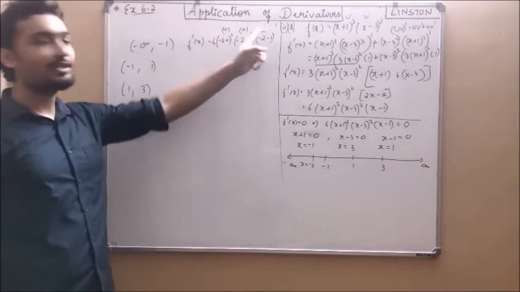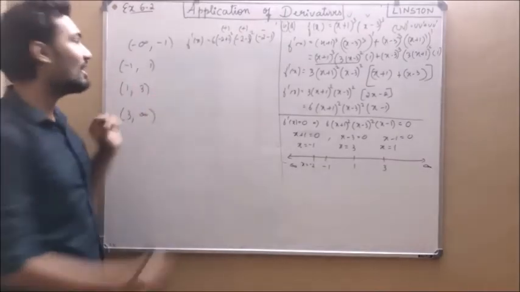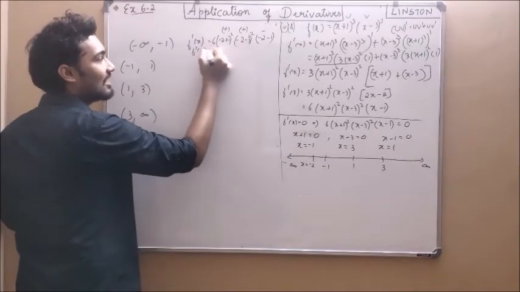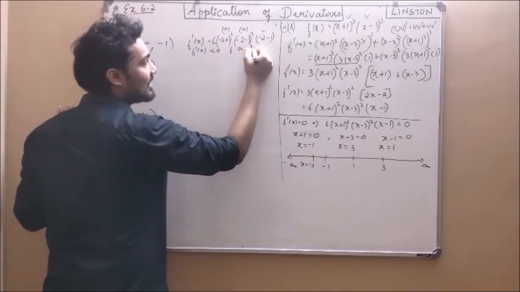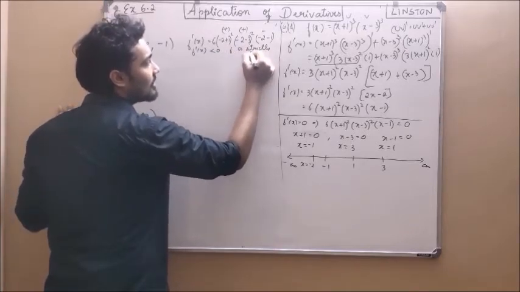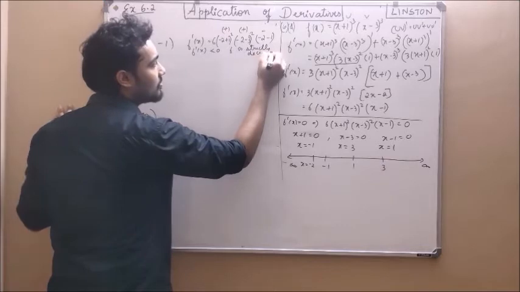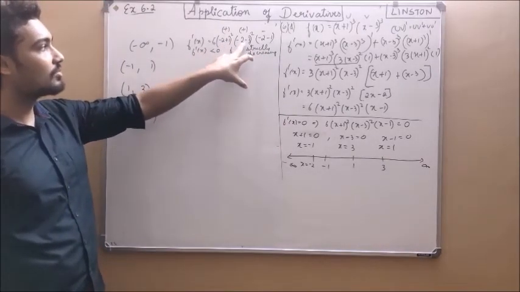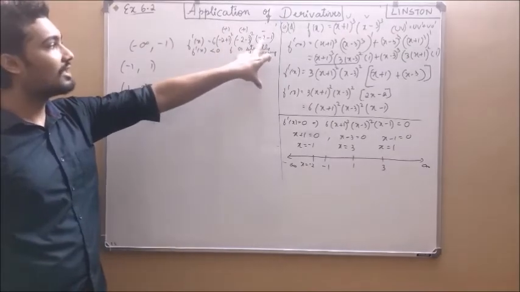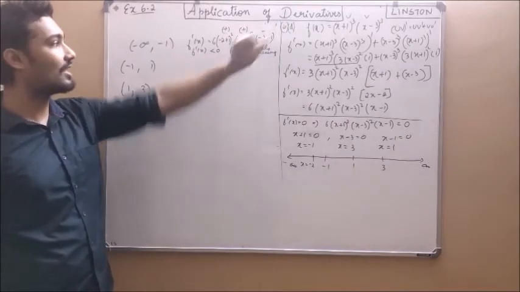So positive, positive, into negative. Therefore f dash of x is less than 0, it is negative, so f is strictly decreasing.